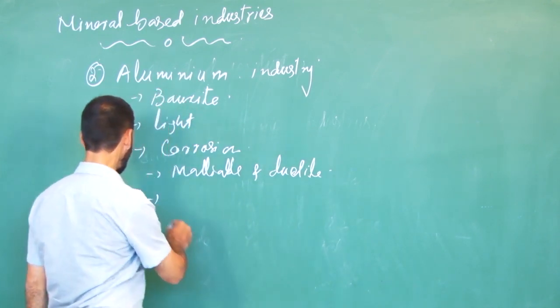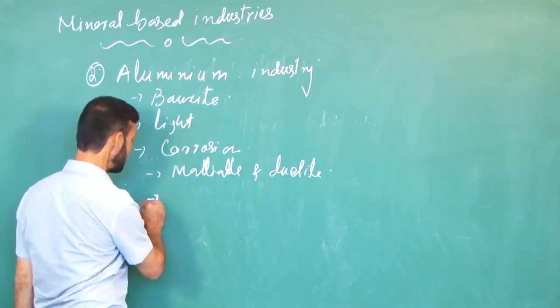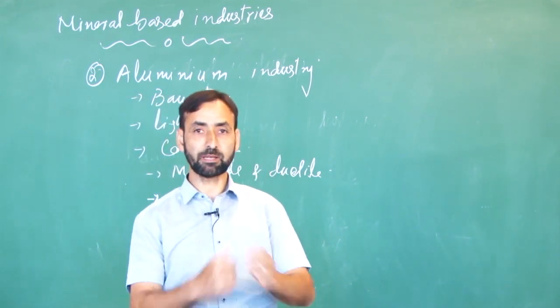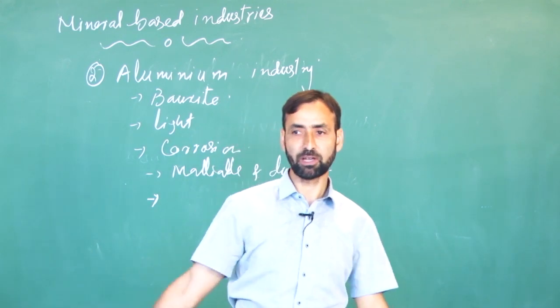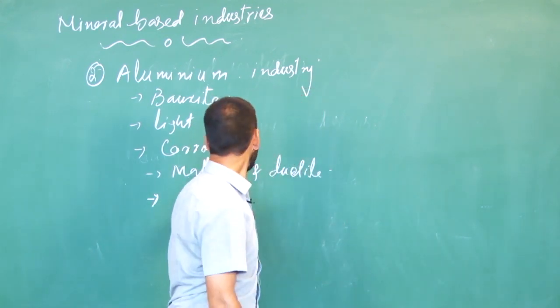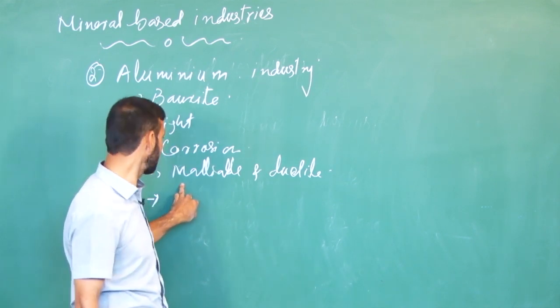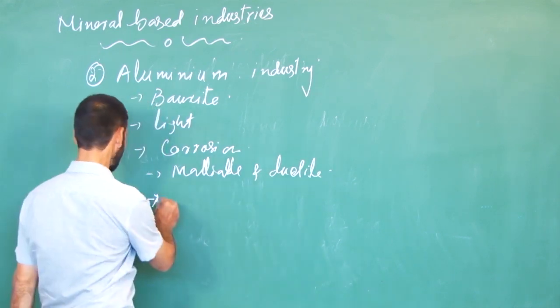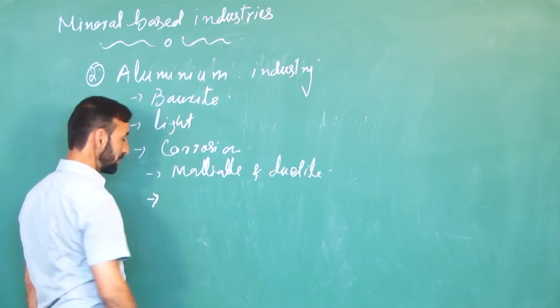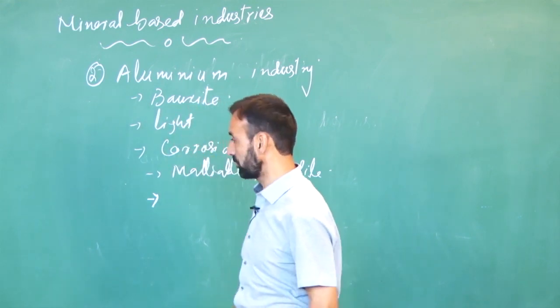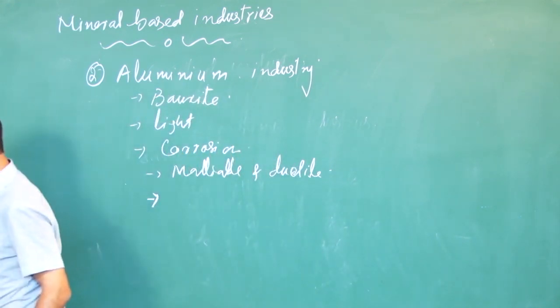We can say that aluminium is that metal which is used as a substitute when there is not the availability of steel and copper. It is mostly used for the construction purposes as well, for the windows and doors in buildings. Okay, in India there are 8 smelting plants of this aluminium. Next is chemical industry.